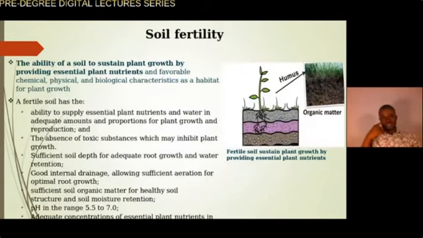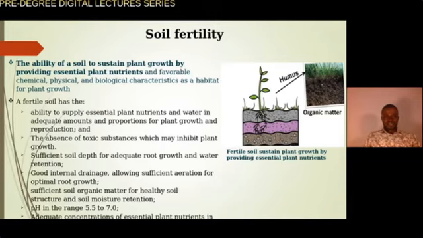And we have what is soil fertility. The ability of a soil to sustain plant growth by providing essential plant nutrients and favorable chemical, physical, and biological characteristics as a habitat for plant growth. That defines what soil fertility is.